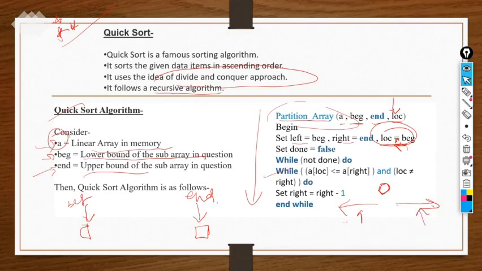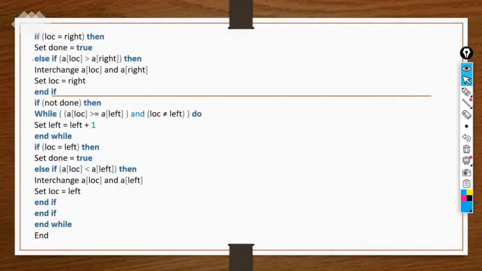So now we will do the comparison by using the while loop, and we will set the indexing value. Here we first compare whether it is the right element or not, then we set it as true. Else if it is greater, then interchange, otherwise it will remain the same.